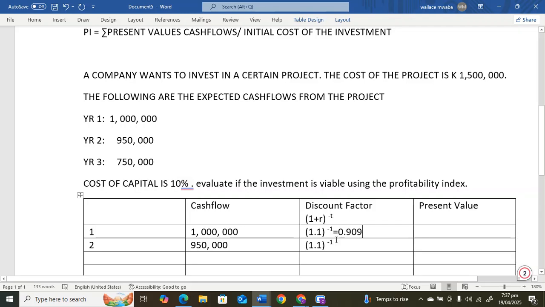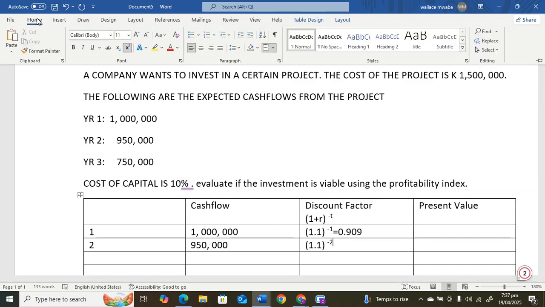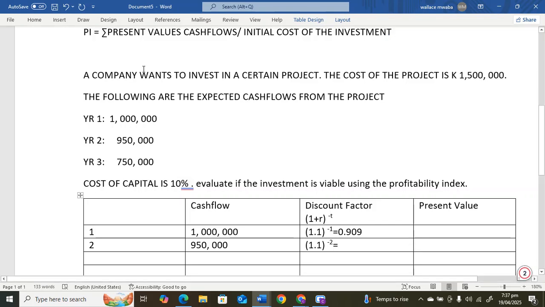Okay, 1.1 to the power negative 2. Year 3, cash flow 750,000, so do 1.1 to the power negative 3.